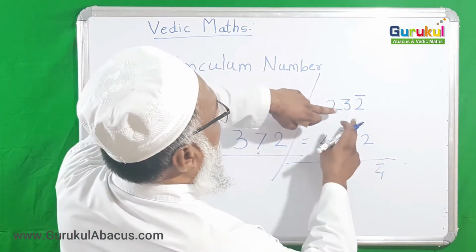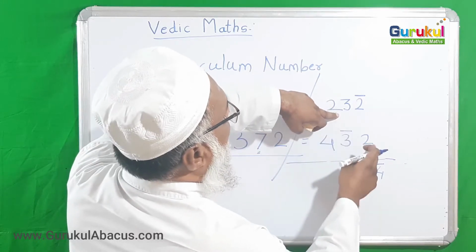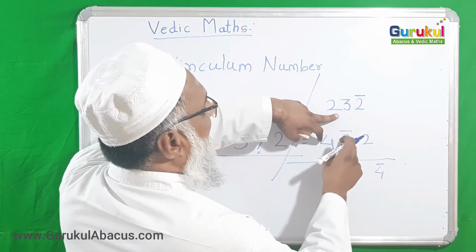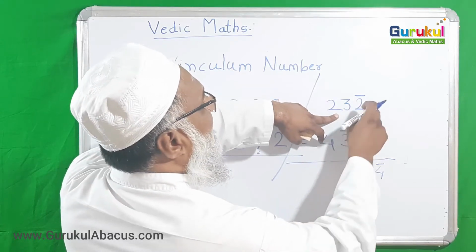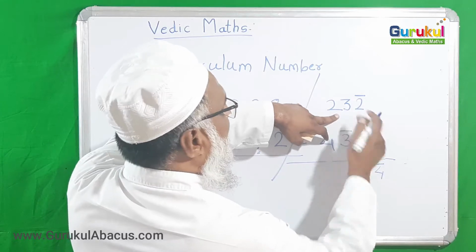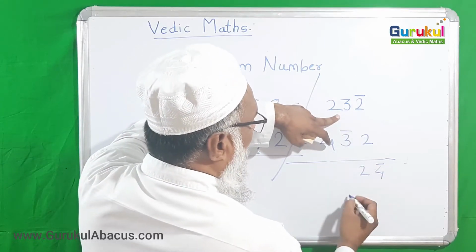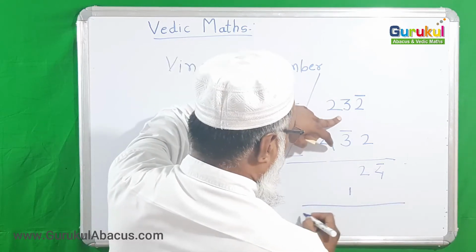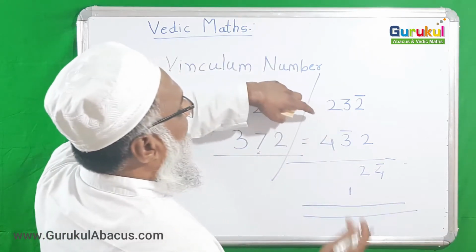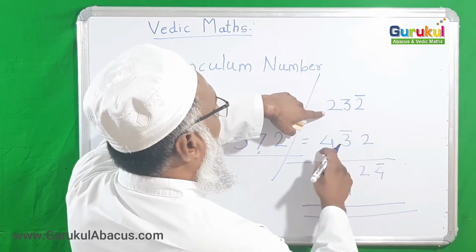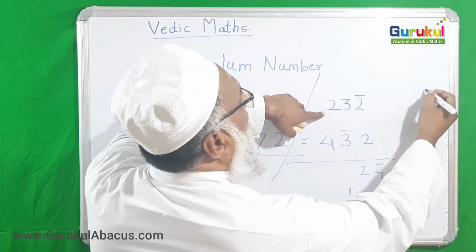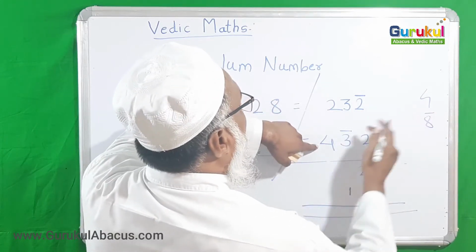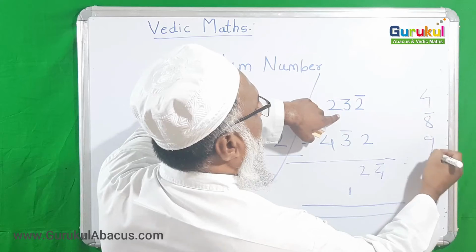Now the second step, for the 3 digits. 3 2s are 6, and this is less 3 into less 3, meaning minus 3 into minus 2. 3 2s are 6, it also became plus. So 6 plus 6, 12 came. 12, write 2, 1 carry over. Now the third step. 2 2s are 4. 2 4s are less 8, and 3 3s are less 9.